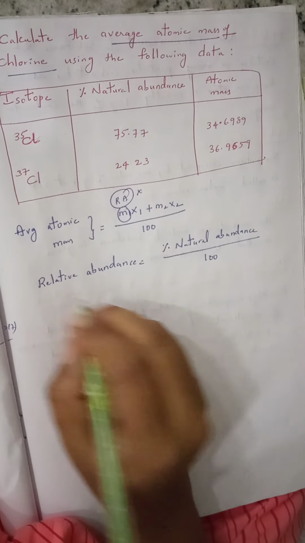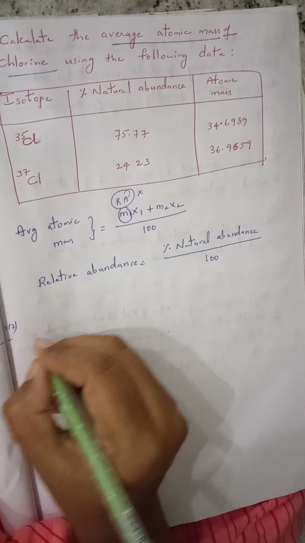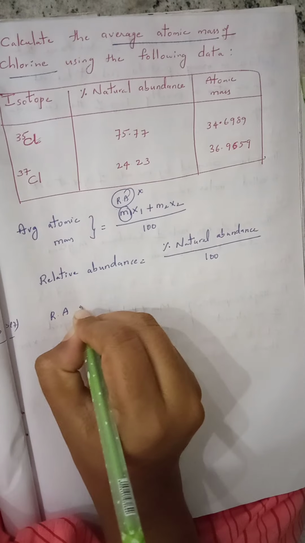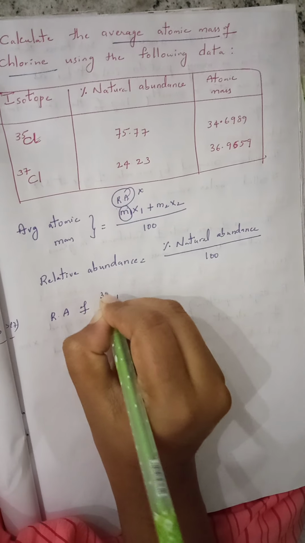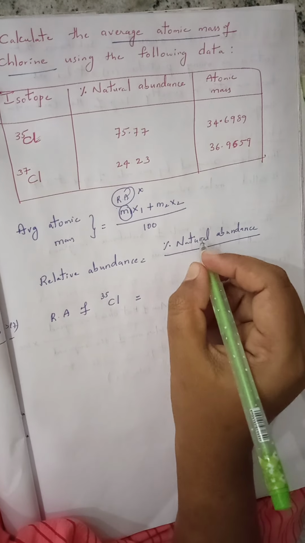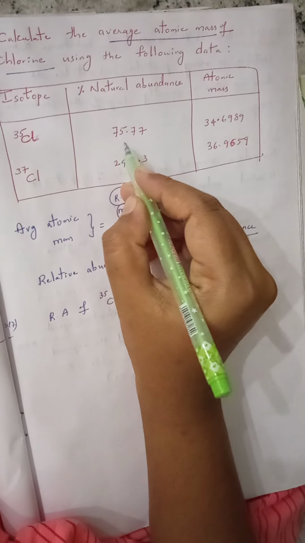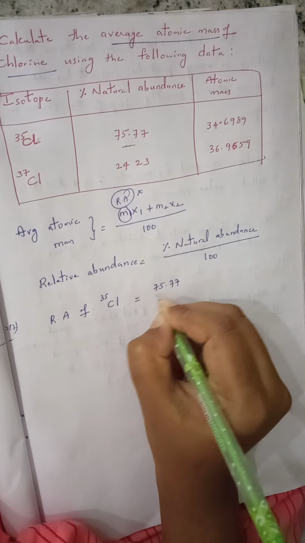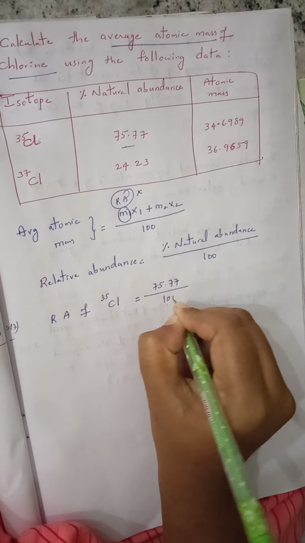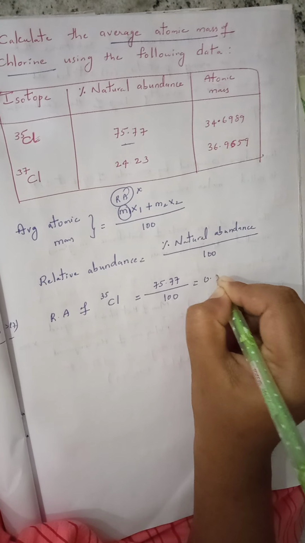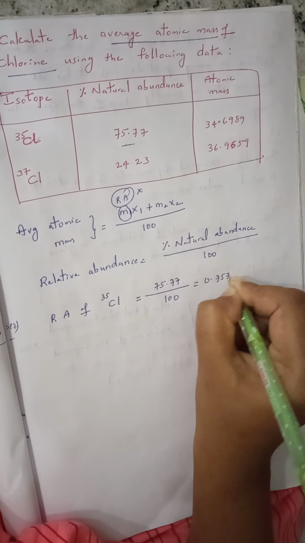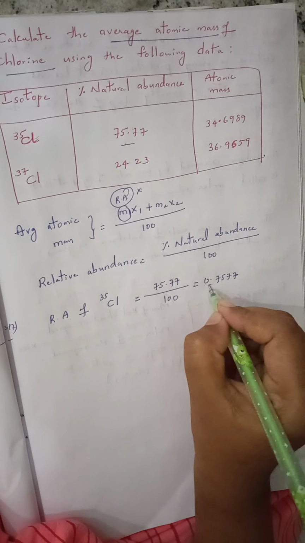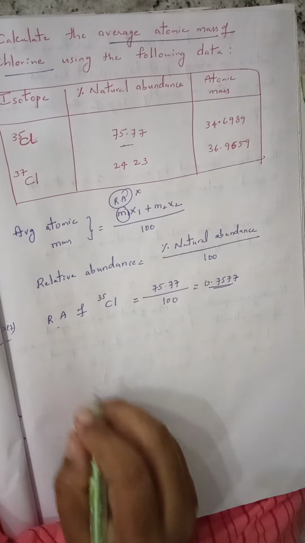So the relative abundance of Cl35 isotope is equal to its percentage of natural abundance, that is 75.77, already given in the problem, divided by 100. By doing this you will get nearly 0.7577. So this is the relative abundance of Cl35.